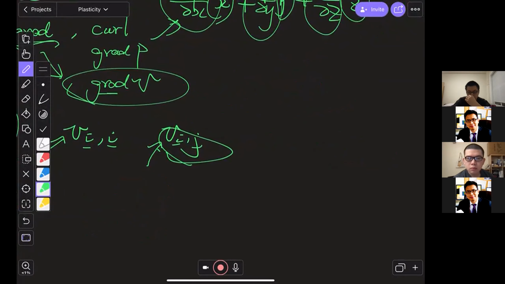I can give you another example. Strain has two indices because it is a matrix, a second order tensor. Stress is also second order.